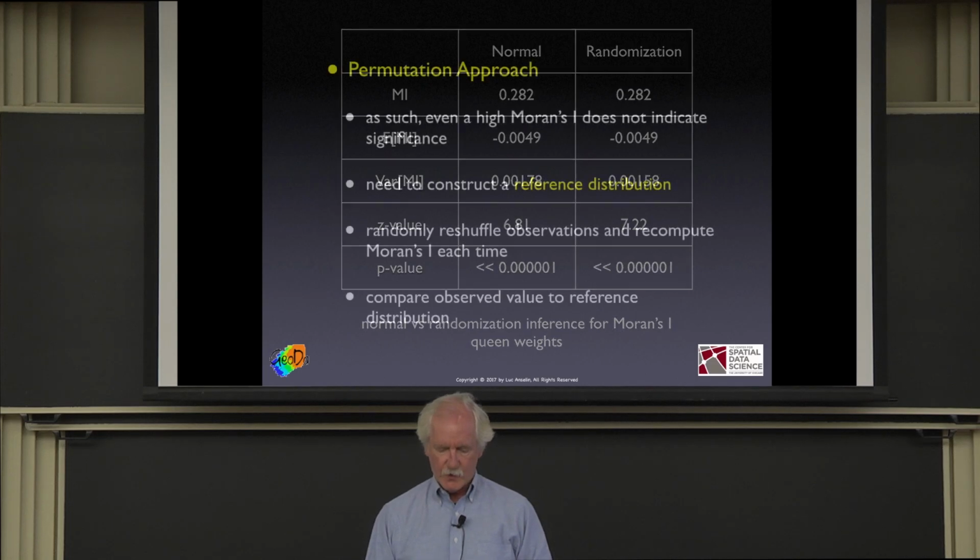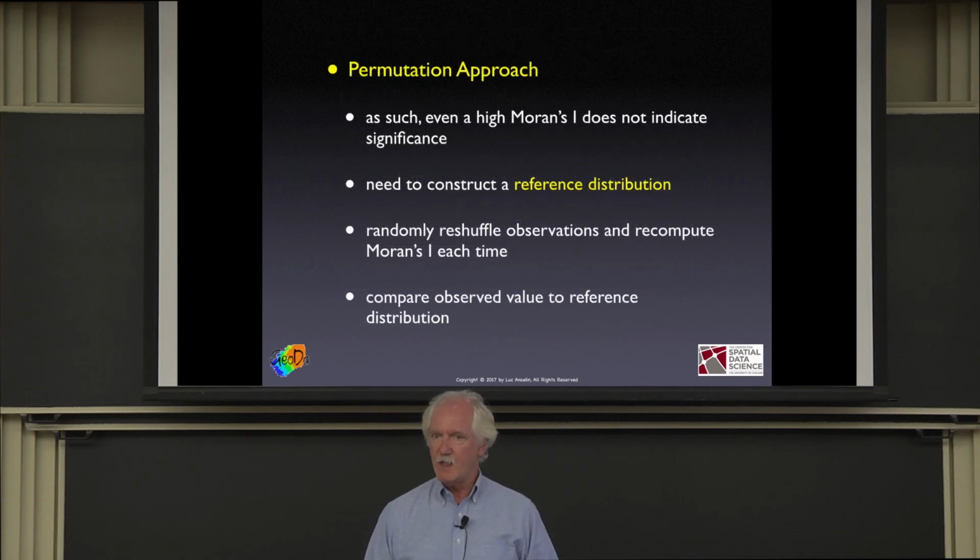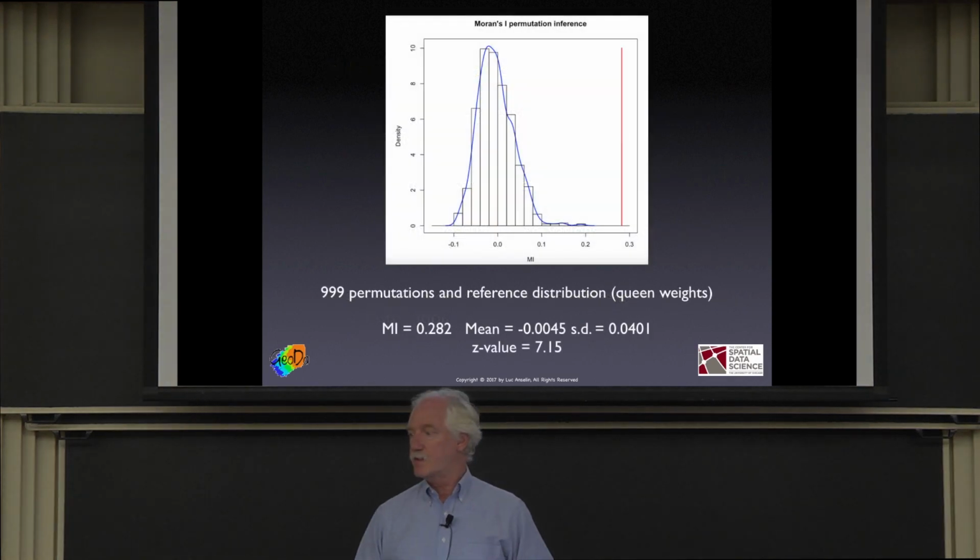Okay, so the permutation approach, as I mentioned a couple of times already, is very simple to implement, but it requires computation. So you reshuffle the data set, recompute the statistic, and then make a graph of the reference distribution.